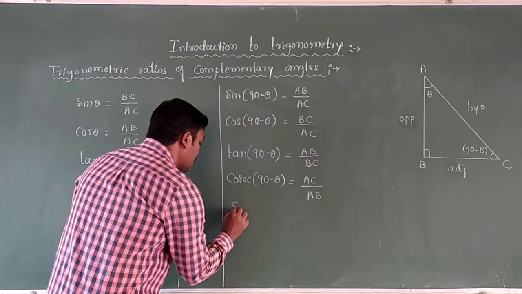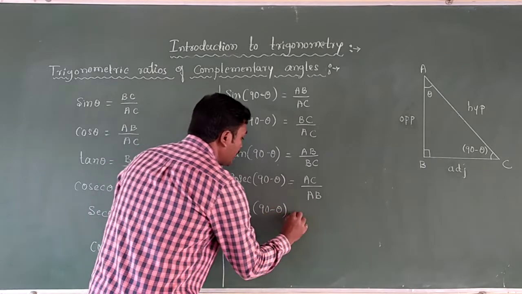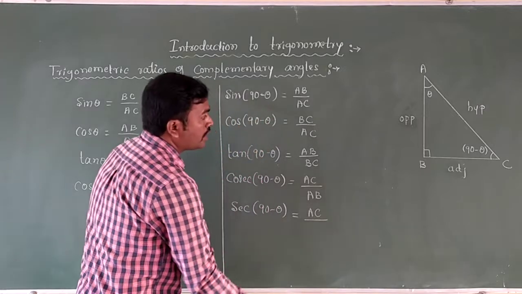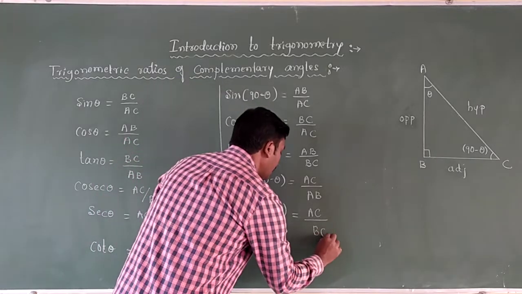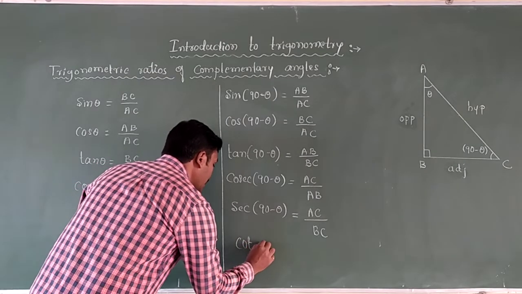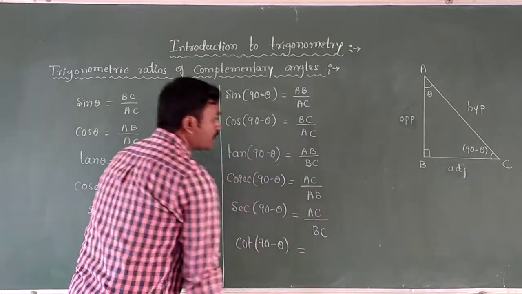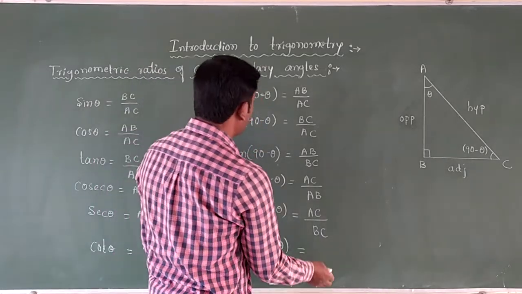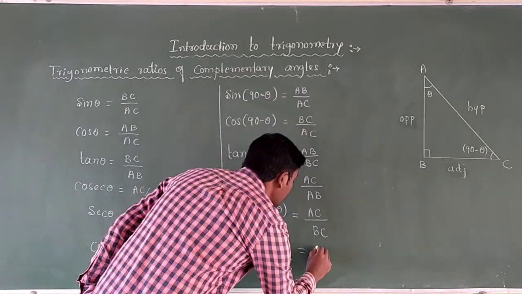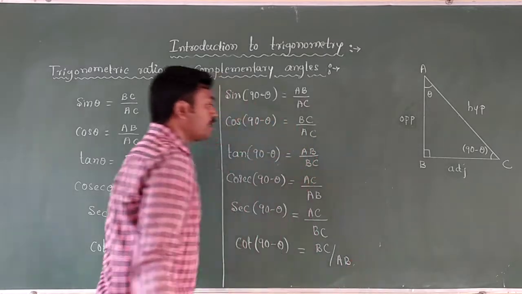Next, sec 90 minus theta. Sec 90 minus theta is hypotenuse divided by adjacent, BC. Next one is cot 90 minus theta. Cot 90 minus theta is adjacent by opposite, that is BC by AB.